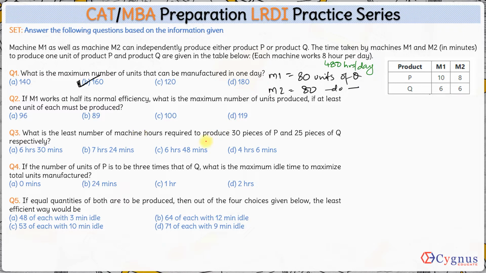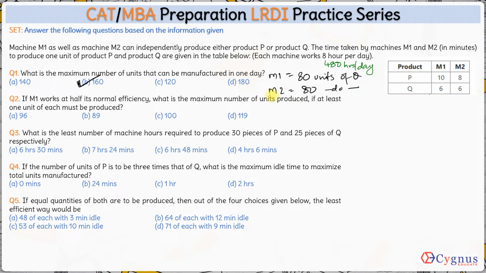Okay, let's look at the next question. Now if M1 works at half of its normal efficiency, what is the maximum number of units produced if at least 1 unit of each must be produced? That means now instead of producing only Q, we need to produce at least 1 unit of P as well.